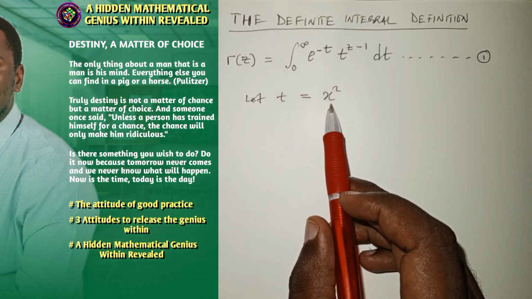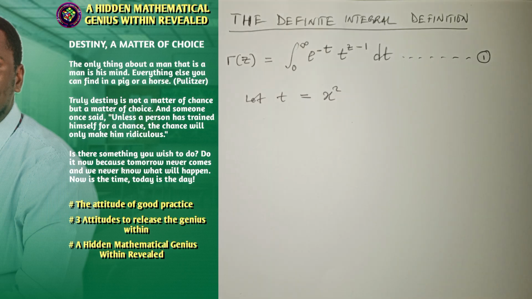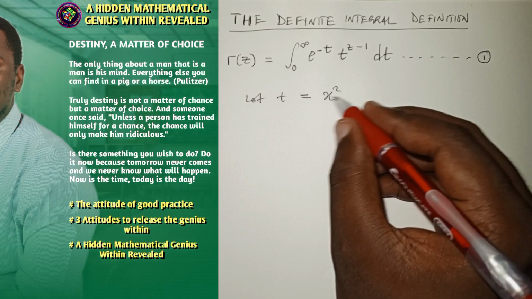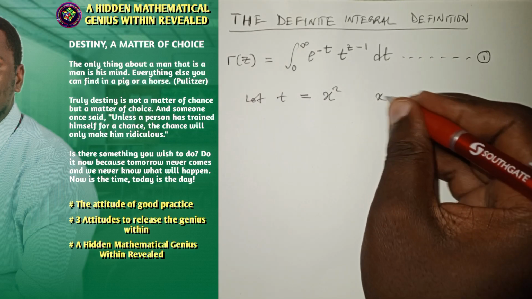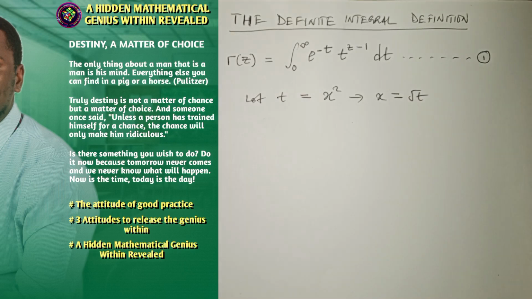To do that, we need to get rid of the power 2, and the reciprocal of squared is square root. So you introduce the square root to both sides of the equation. If you square root this side, you are going to remain with just x, so x is equal to the square root of t.